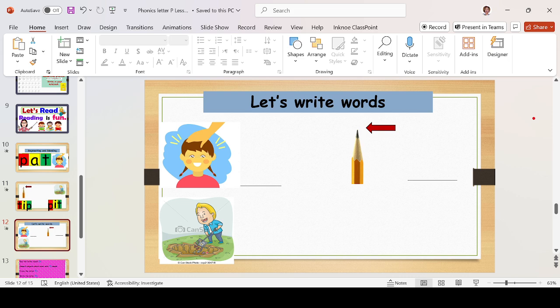Can you draw and write the words in your notebook? Stop the video and copy the drawings and write the words. You can stop the video, then do your work. When you are done, you come back to check if your words are correct.